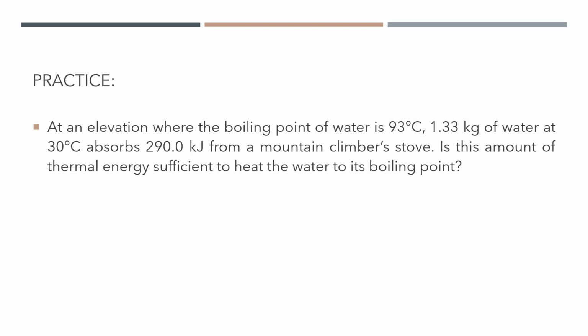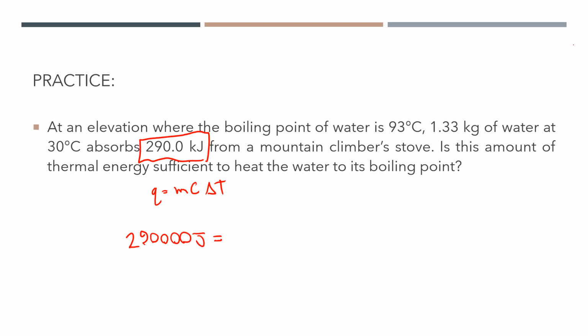Okay, so how you go about doing that is you get your Q equals MC delta T. It absorbed 290 kilojoules of energy. We need to convert that into joules.